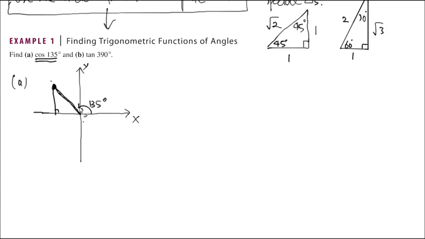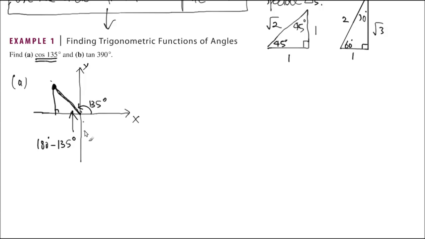But before we do that, we're looking at here 135. Let's figure out the angle that is involved in this right triangle I just created. How about this angle right here? How do you calculate that angle? Right, 180 minus 135. 180 is all the way to the negative x-axis.